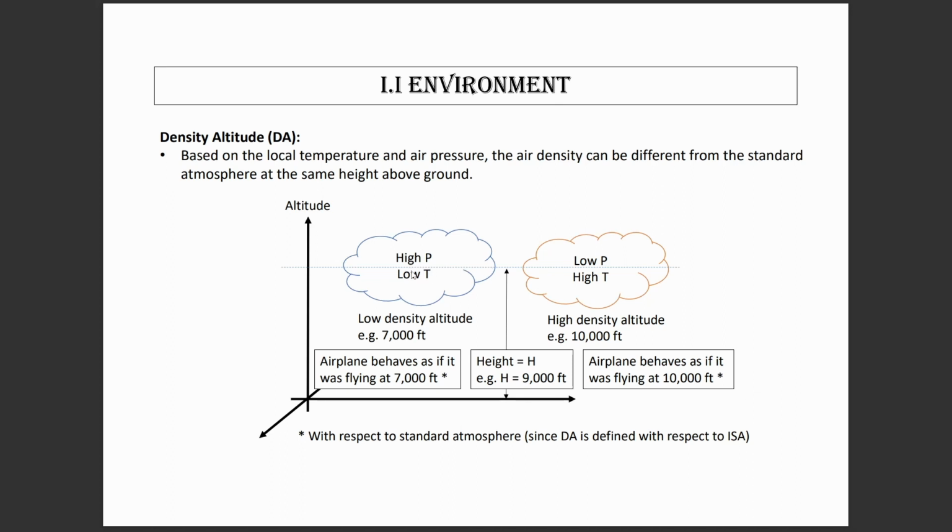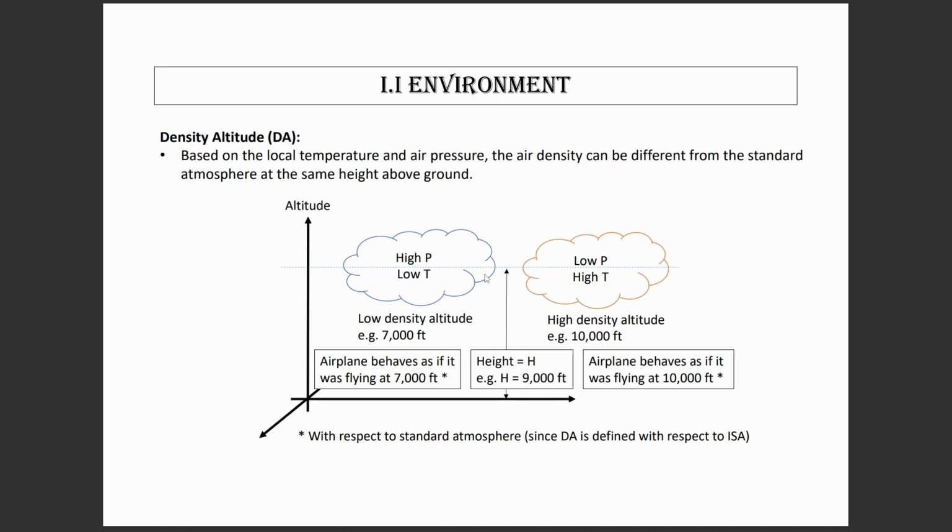Using the ideal gas law, we will find that the density in this region would be increased, because low temperature shrinks the air volume, if you will. And that means the density in this region is more equivalent to a density you would find at 7,000 feet in our standard model.